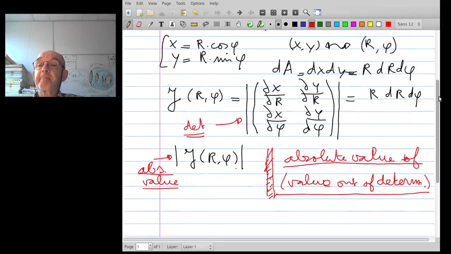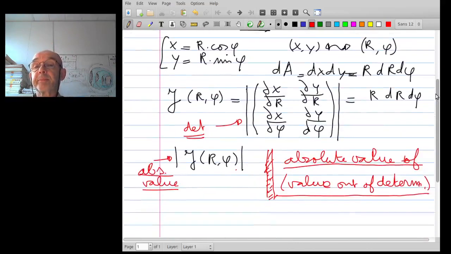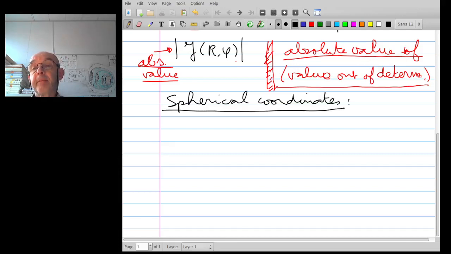Now, what to do in general? Let's go to spherical coordinates. And be careful with those spherical coordinates.